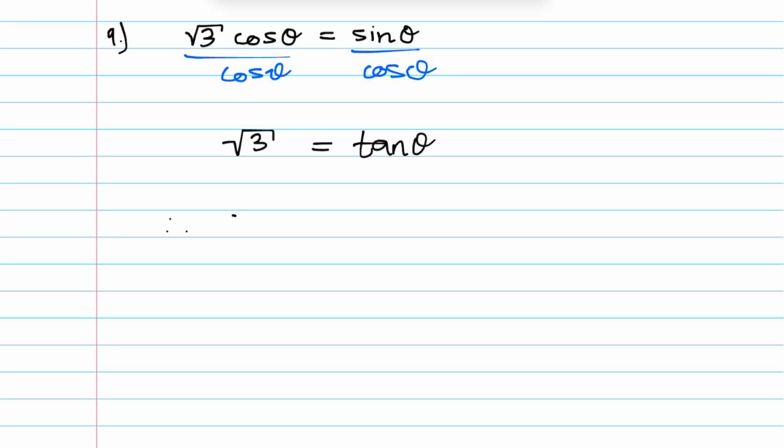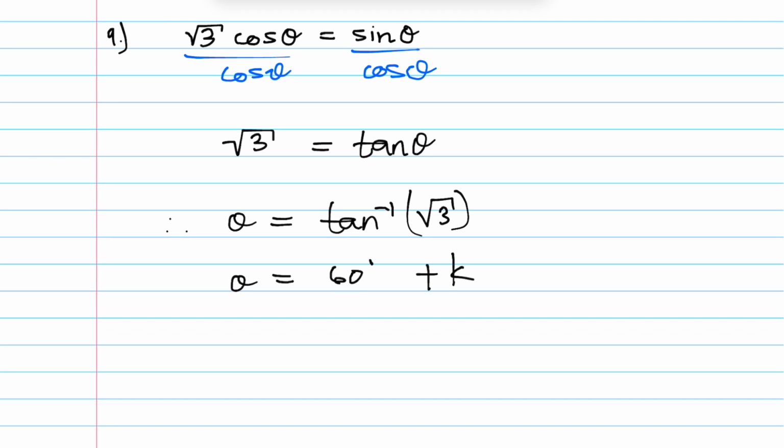To solve for theta, simply do the inverse of tan. All right, and our answer for this should be 60 degrees, plus k 180, and k is an element of all integers. Okay, very simple stuff, using the tan identity to solve these equations.